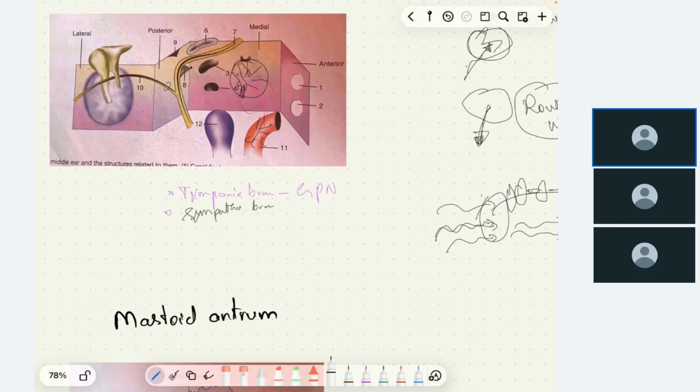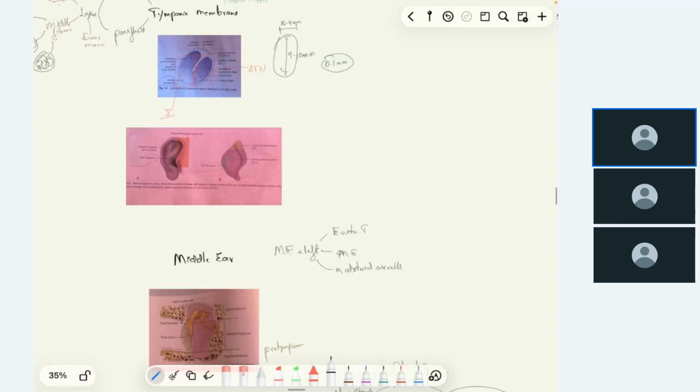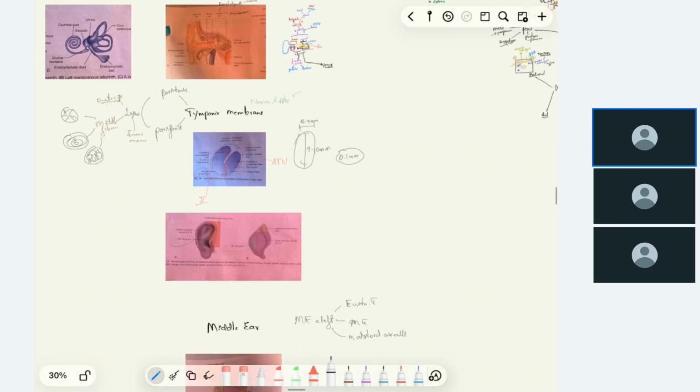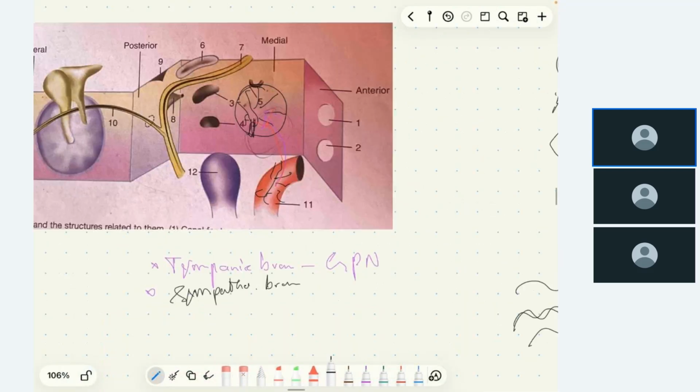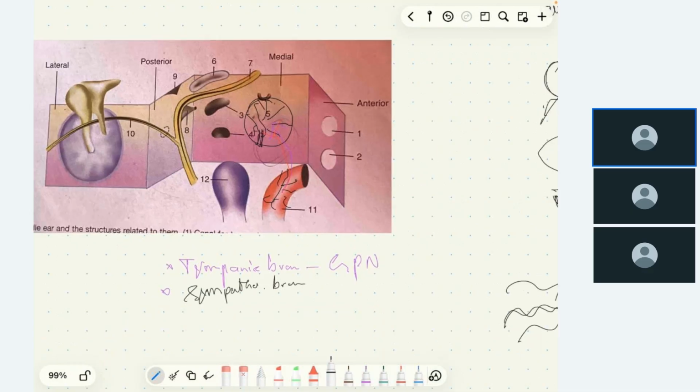The tympanic plexus supplies the innervation to the medial surface of the tympanic membrane. We already saw this while discussing the nerve supply of the tympanic membrane. The tympanic plexus supplies the medial surface of the tympanic membrane, the entire tympanic cavity, mastoid air cells, and the bony eustachian tube. The eustachian tube has two parts, bony and cartilaginous.